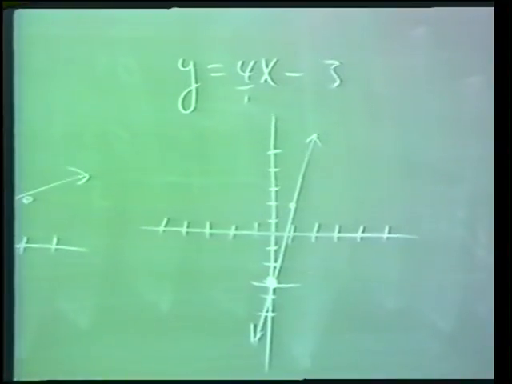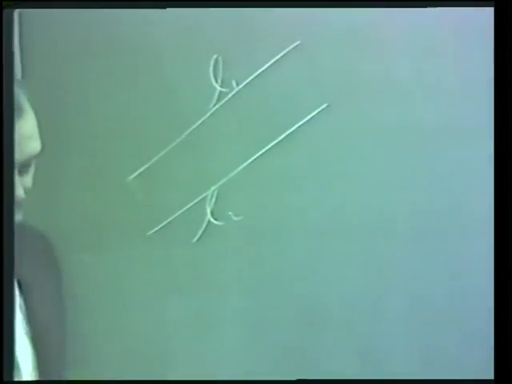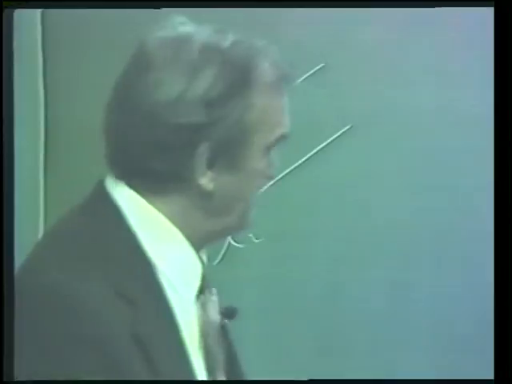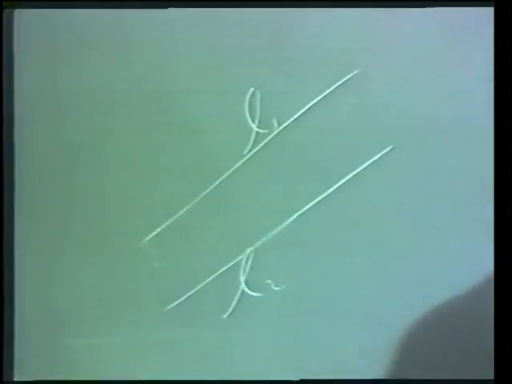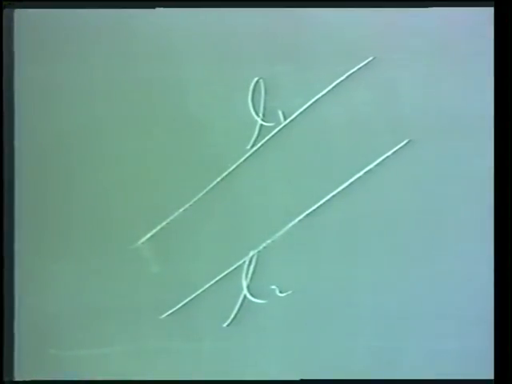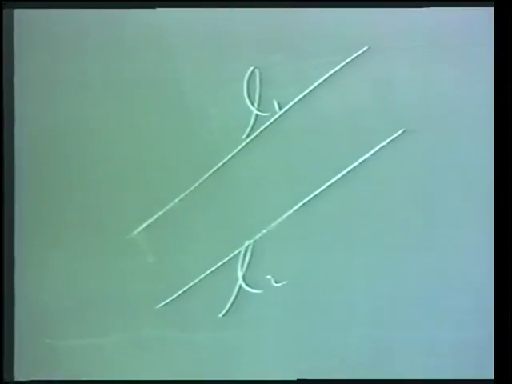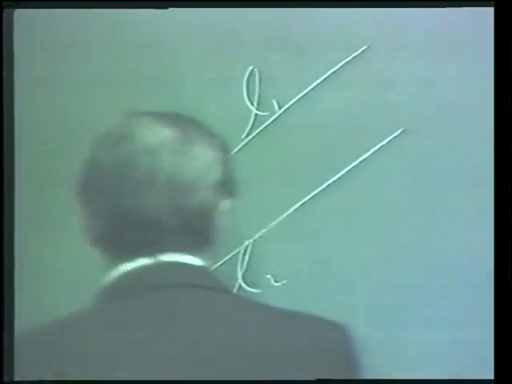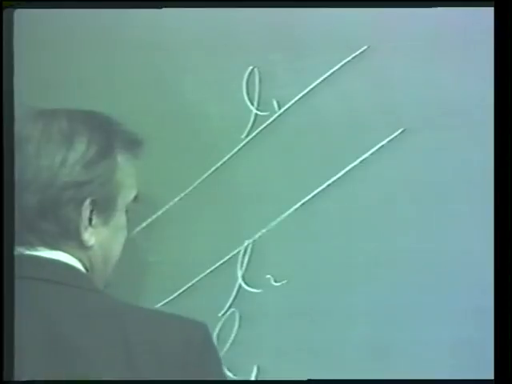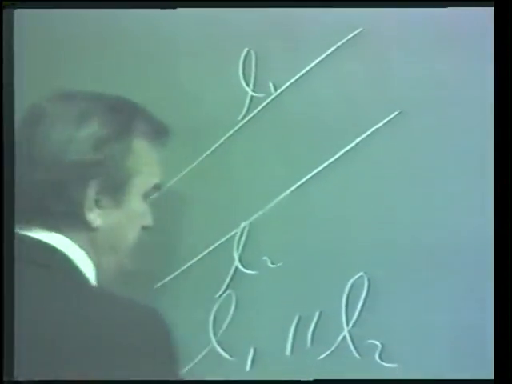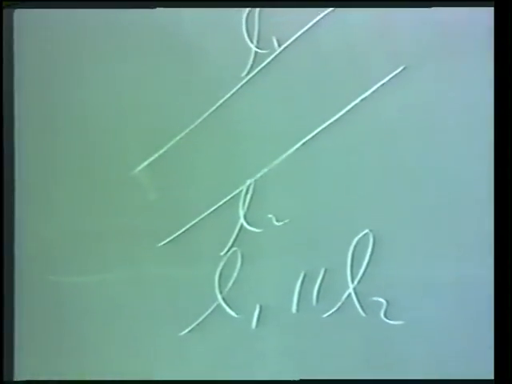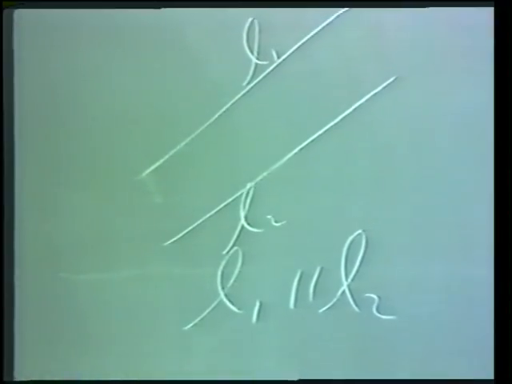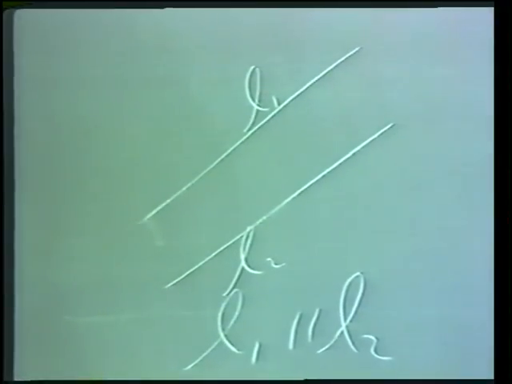On the board I have 2 lines, L1 and L2. I'm going to tell you that L1 is parallel to L2. Line sub 1 is parallel to line sub 2.